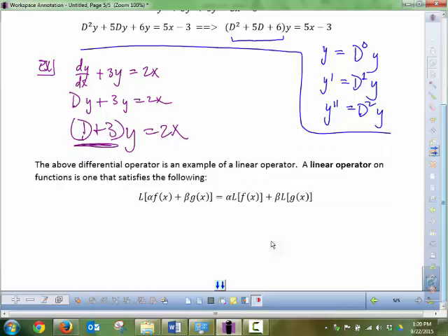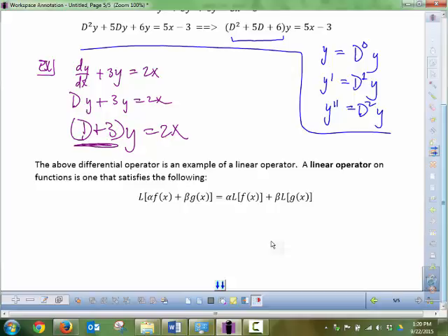So a linear operator is an operator that satisfies this condition. And there are two linear operators that you guys know well, whether you know that they're linear or not.